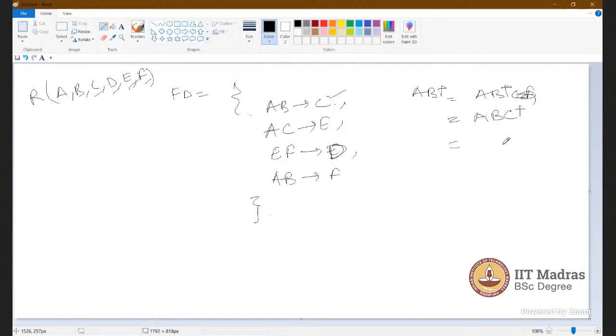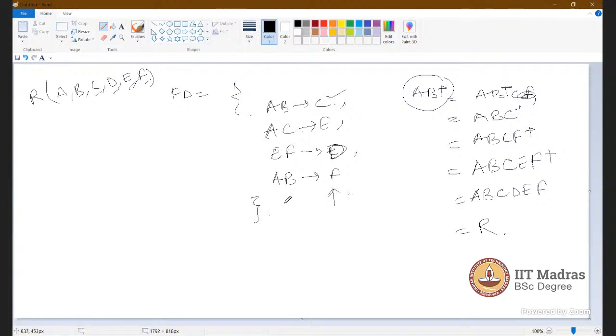From this we get ABCEF, and from AC we get E. Then from EF we get D. That is equal to R. And this is not present in the right hand side, so it must appear in the candidate key. So this is the only possible candidate key.